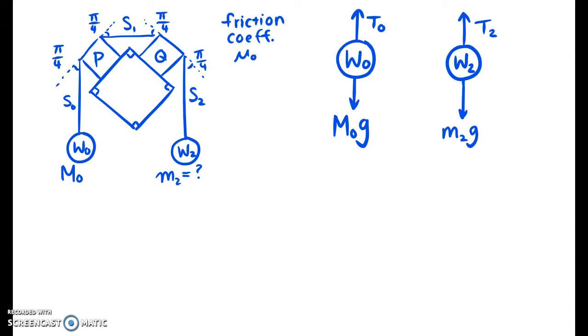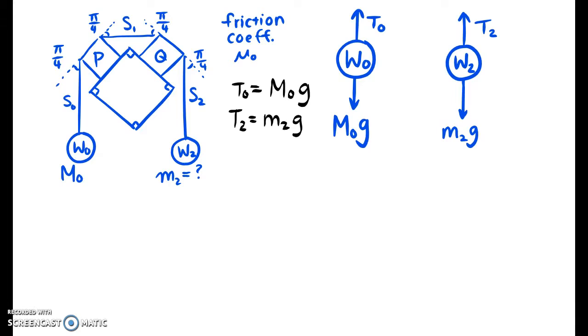So looking at these diagrams, we can then conclude that for W0, T0 must be equivalent to M0 times G. And for W2, T2 must be equivalent to M2 times G.